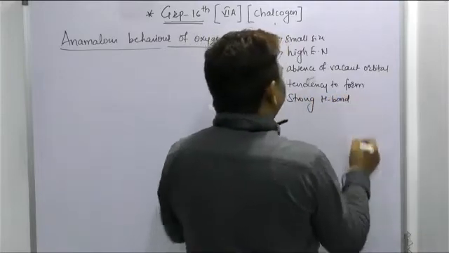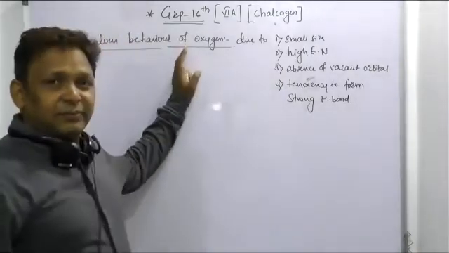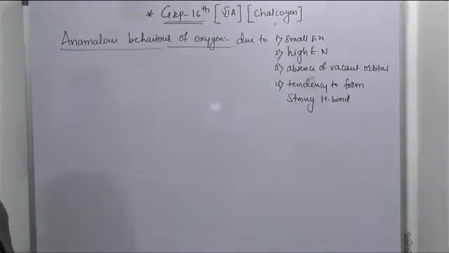So these are the 4 reasons. Because of that, oxygen will behave anomalously than the other group elements. Is it clear, beta? Very good.